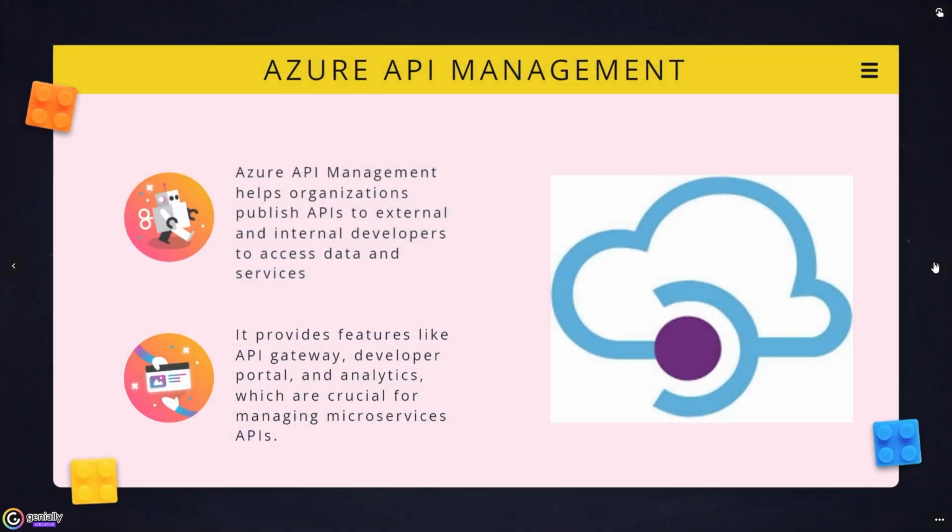Next one is Azure API Management. Azure API Management helps organizations publish APIs to external and internal developers to access data and services. It provides features like API Gateway, Developer Portal, and analytics, which are crucial for managing microservices APIs.